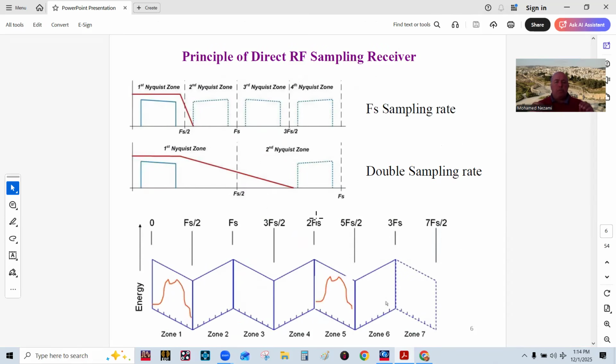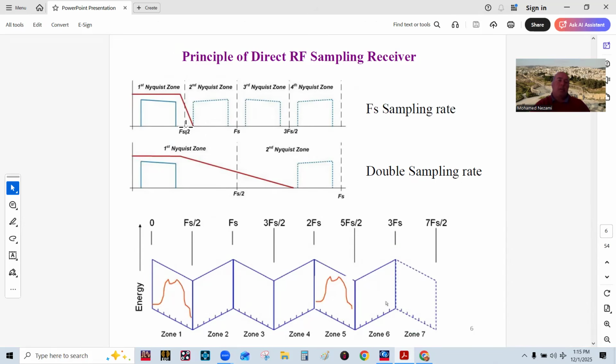Okay, so I don't want to create a DSP class out of this, but let's just introduce a few of the concepts that are really necessary to understand the operation of a direct sampled RF receiver. Now, on top here is a case where you're sampling a signal that has a bandwidth of at most half the sampling frequency.